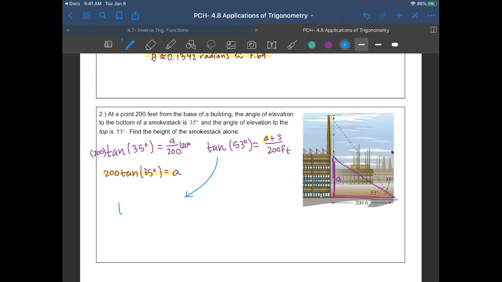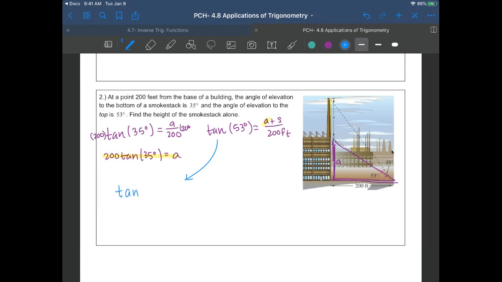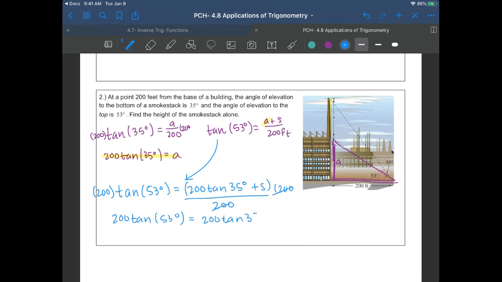Now we're going to take that and substitute it in for A. So I get the tangent of 53 degrees is equal to 200 tangent 35 degrees plus s over 200. And I'm going to multiply by 200, cancel that. So I get 200 tangent 53 degrees is equal to 200 tangent 35 degrees plus s.